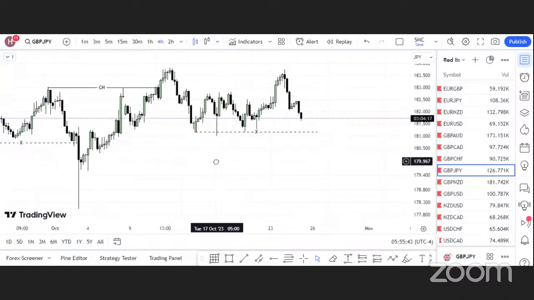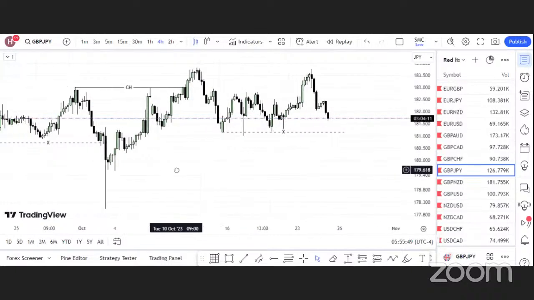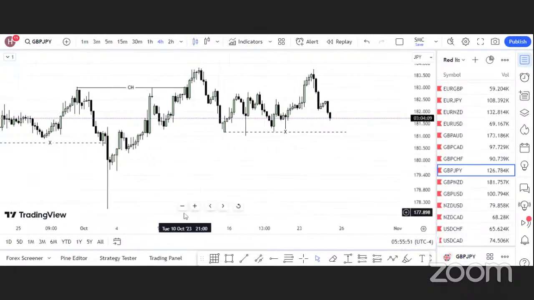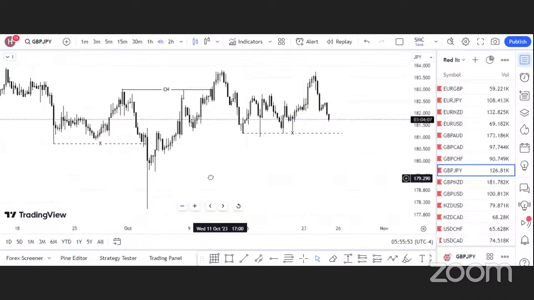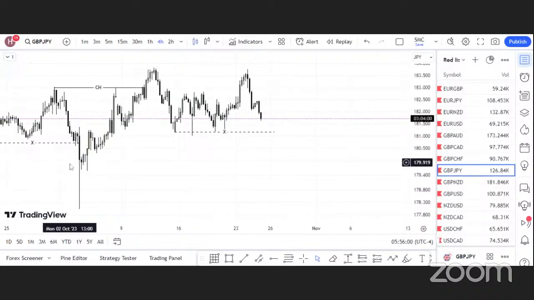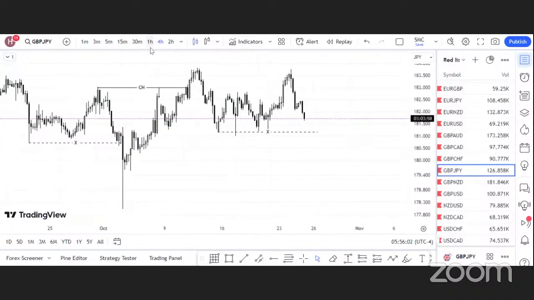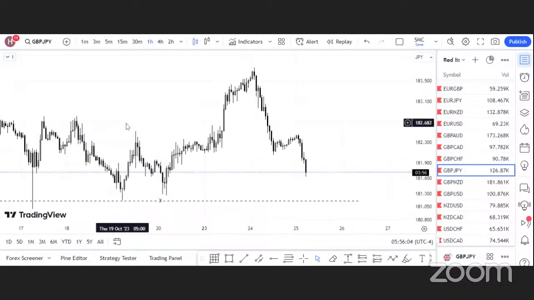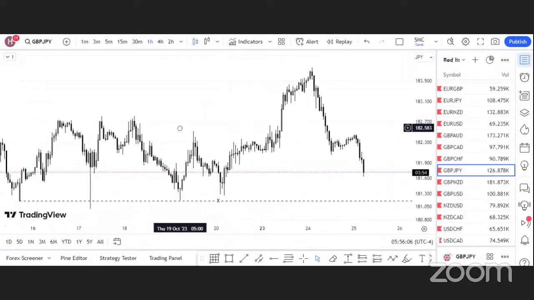The market will always take liquidity anytime it wants to make a new move. All right. So right now, let's look for where the market might likely make a move from. So let's go to the 1 hour time frame.